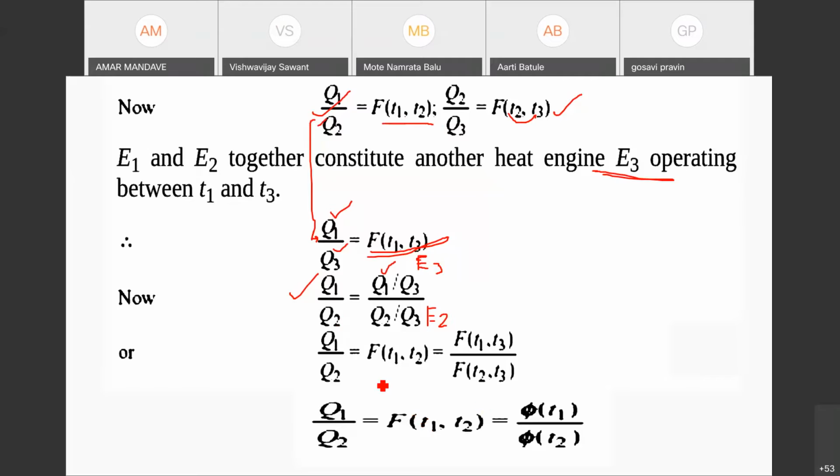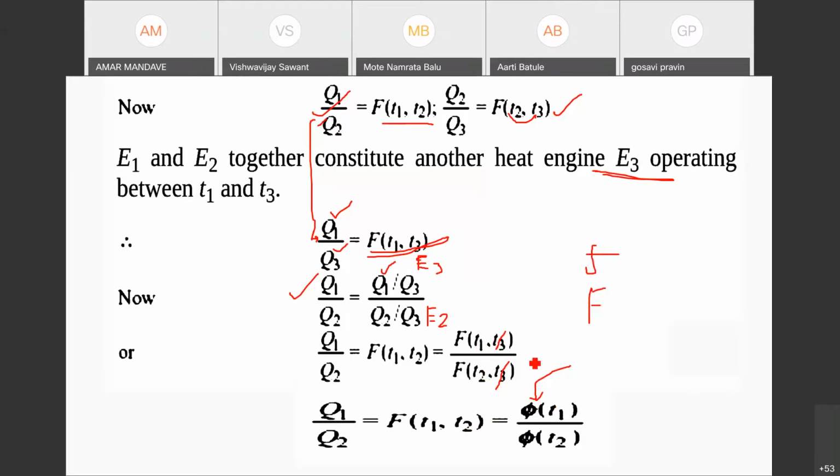Finally, from this equation, we can say that we can cancel out, or remove, the temperature T3. And we can write the function of T1 and T2 in terms of another function. At first we considered small f as the first function, then the second function is the capital F, and now the third function we are considering is f(T1) and f(T2).